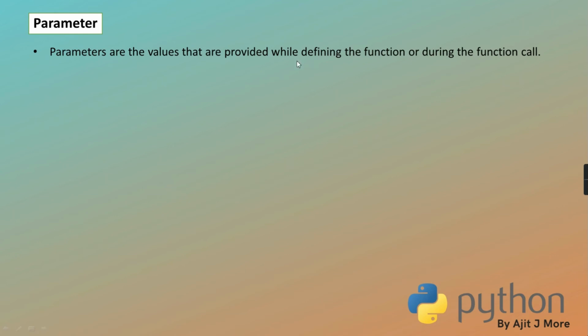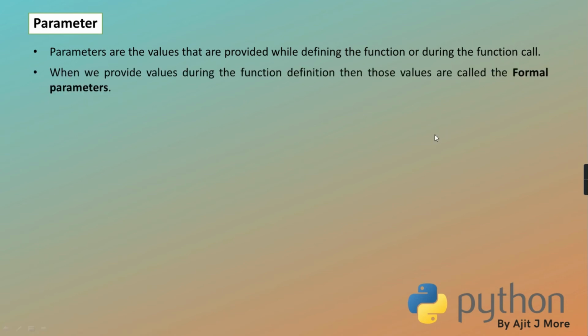Now those values which you receive in the definition, we will call formal, and those which you pass at the time of call, we'll call actual. Getting?